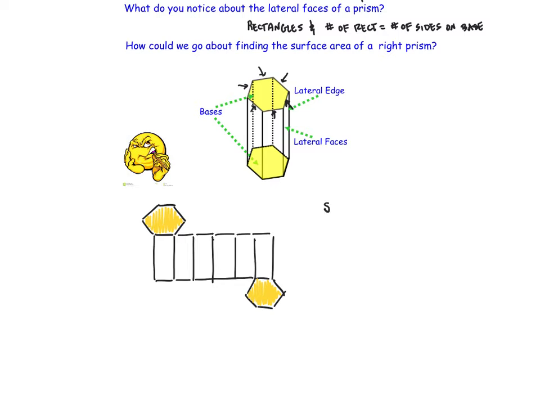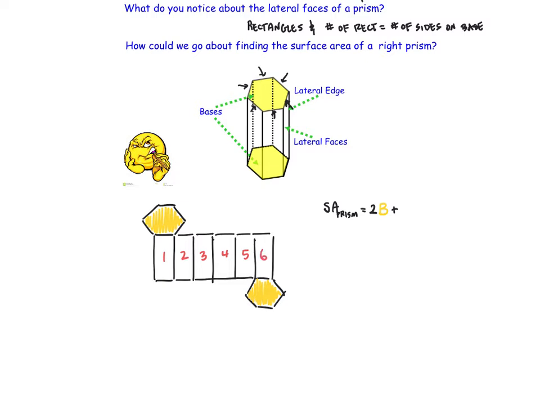So the surface area of a prism, P-R-I-S-M, is going to be the area of the base times 2, because there are 2 of them, plus what I want is this. How about these 6 rectangles?